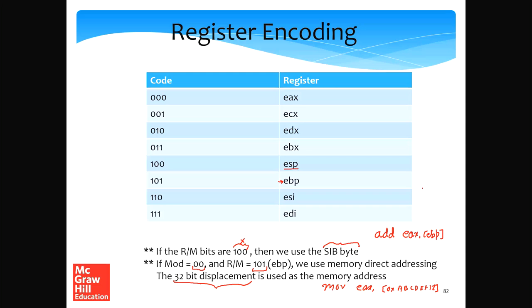In the scale index base, we will essentially have EBP as the base and ESP as the index. Since ESP is an invalid index, the hardware will ignore it. As a result, only the base will remain. So this is something that can be done.